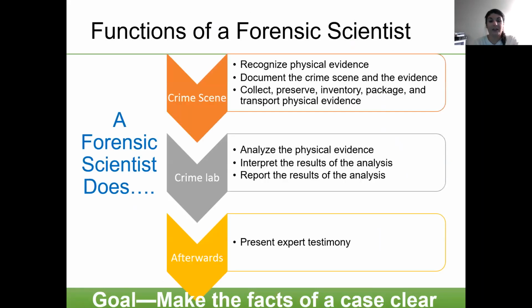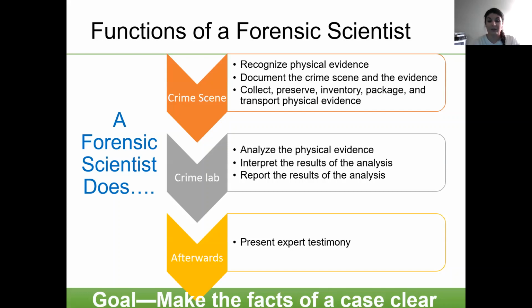At the crime scene, forensic scientists aren't always present, but if they are, they can help recognize physical evidence, help to document the crime scene and the evidence, and then help collect, preserve, inventory, package, and transport the physical evidence.